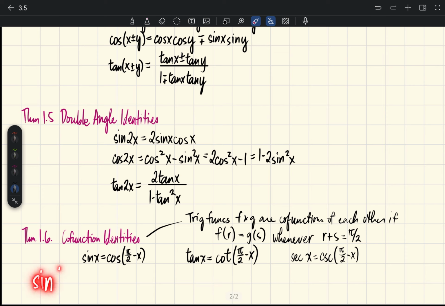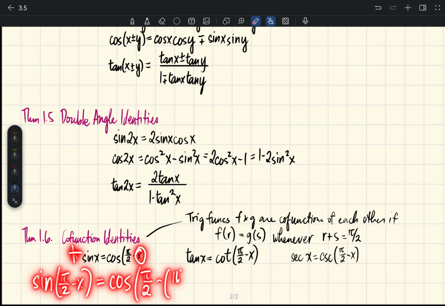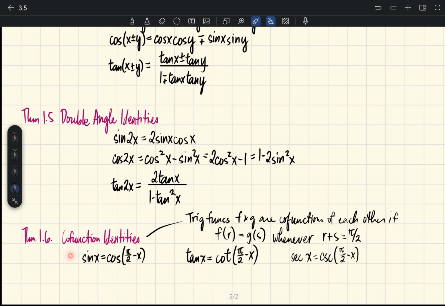That's because sine of pi over 2 minus x equals, using this one right here, cosine of pi over 2 minus the angle inside the sine. So you have pi over 2 minus x, and simplifying this one inside, that's just cosine x. So that's your first pair of cofunctions.